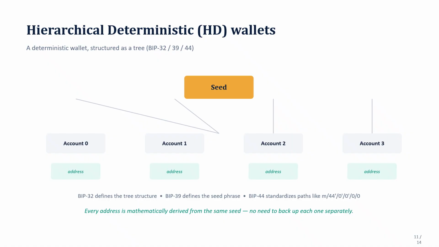So any wallet software can find the same accounts from the same seed. From one seed, the wallet derives multiple accounts and multiple addresses under each, all reproducible from that starting point. So you only ever back up the phrase once.